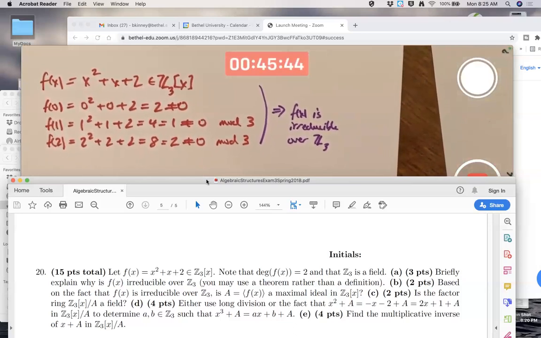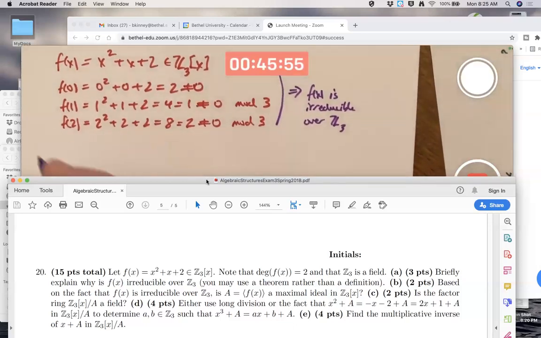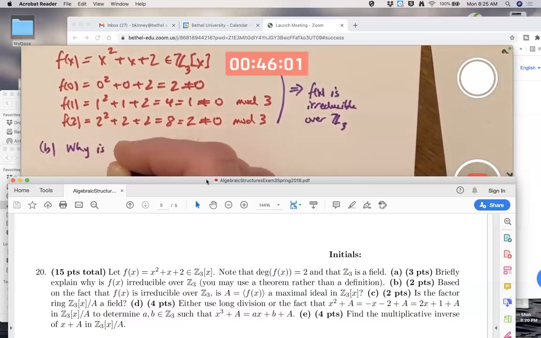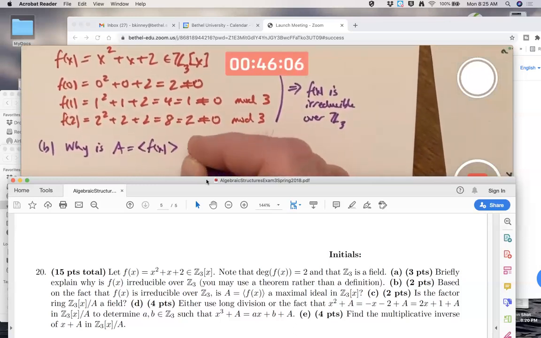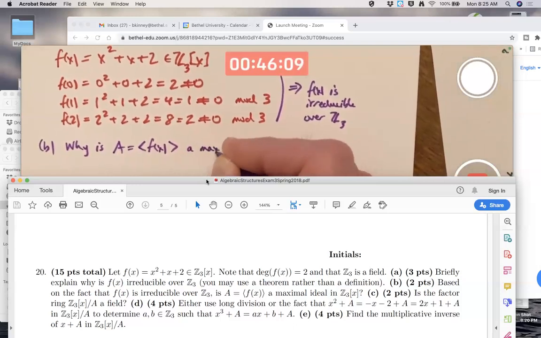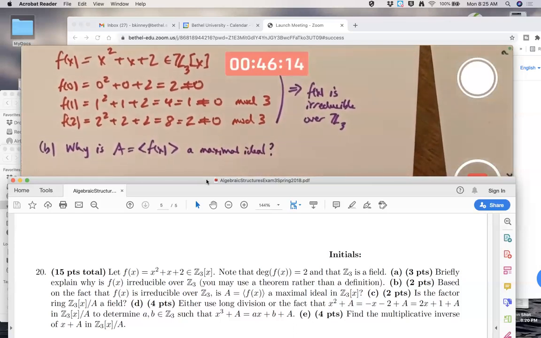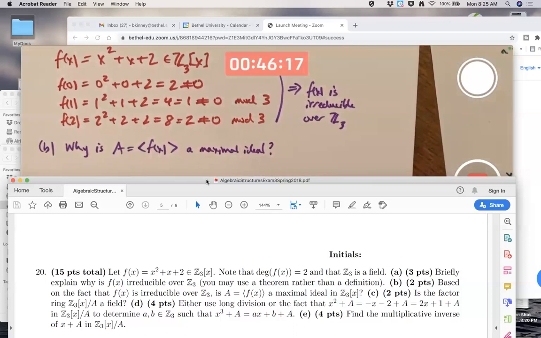Part B, based on the fact that it's irreducible, why is the principal ideal generated by it a maximal ideal? Why is this a maximal ideal? Maybe that's not the best way to phrase it.